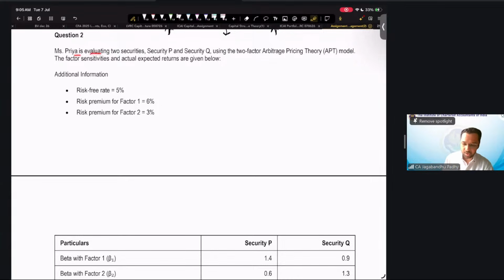Ms. P is evaluating two securities, P and Q, using a two-factor arbitrage pricing theory model. Factor sensitivities and expected returns are given below. So you have the risk-free rate, risk premium for factor one at 6%, and risk premium for second factor is 3%.